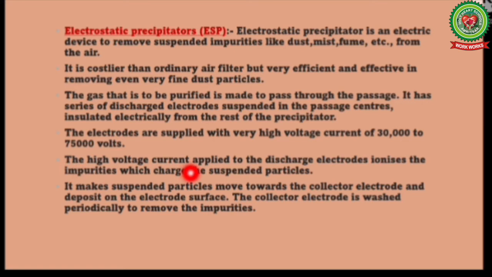The high voltage current applied to the discharge electrodes ionizes the impurities which charge the suspended particles. It makes suspended particles move toward the collector electrode and deposit on the electrode surface. The collector electrode is washed periodically to remove the impurities.